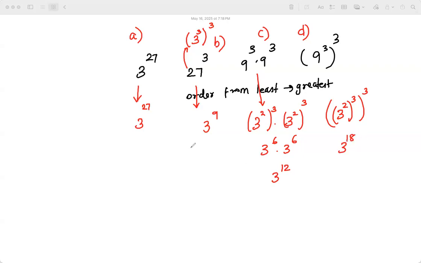Now would you be able to arrange it? B, C, then it is D, A. B, C, D, A. Viraj, did you understand? Yeah, I got my mistake. Arihan, how about you?